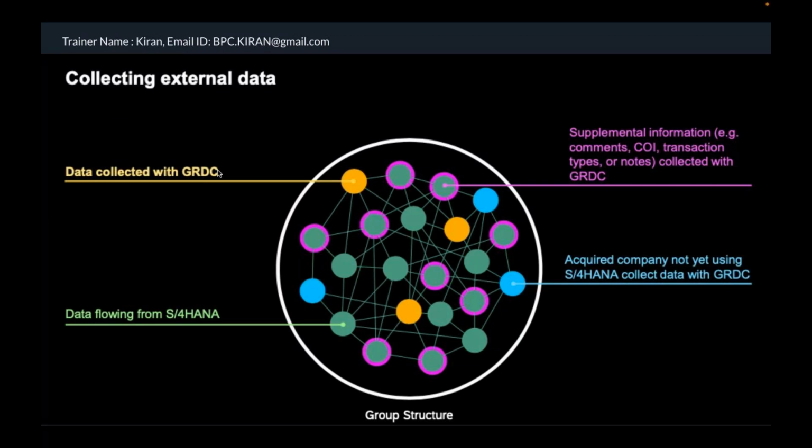If you want to understand more about GRDC, just contact the SAP account manager. He will give you the solution or arrange some demo. You can go through GRDC if it is your requirement. They clearly mention that notes can be collected with this particular GRDC application. No need to go for disclosure management if GRDC is suitable for you.